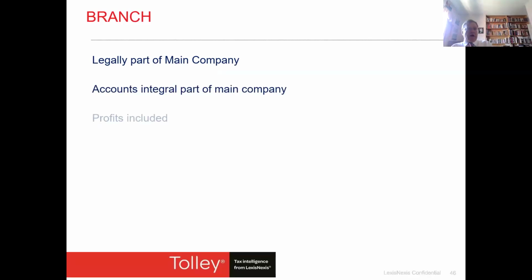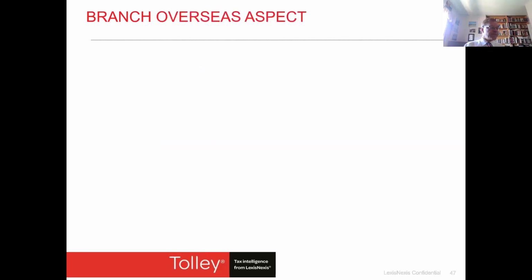The profits are included, fairly easy to offset losses on that basis. So quite often when you start off, particularly with a loss-making branch, it is something that is quite useful in terms of ease of offsetting losses, particularly in a startup operation abroad.